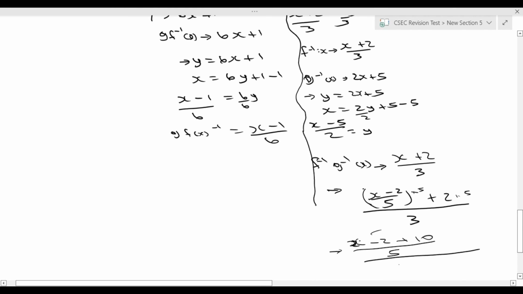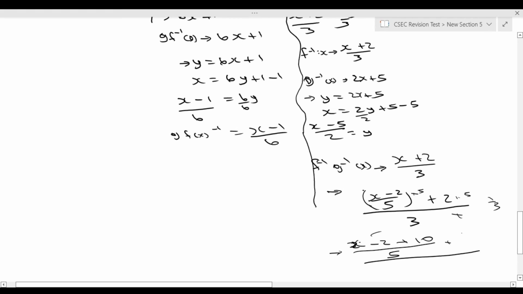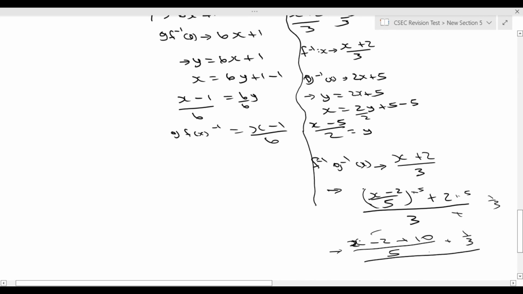This 3 now, we're going to multiply it by the reciprocal of 1 over 3, so it will basically eliminate that denominator. Right.